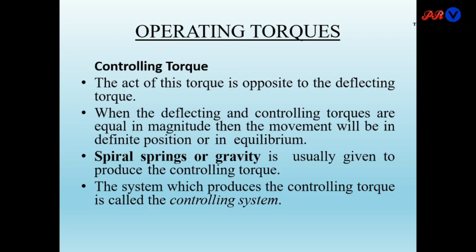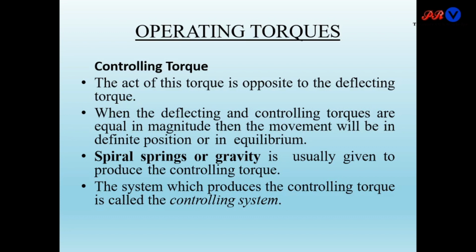Controlling torque. The action of this torque is opposite to the deflecting torque. It opposes the deflecting torque. When the deflecting torque and controlling torque are equal in magnitude, then the movement will be in a definite position or in equilibrium. Your pointer will come to rest when these two torques, deflecting as well as controlling, are equal in magnitude.